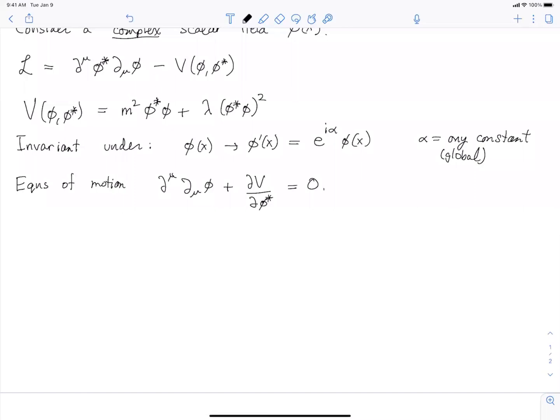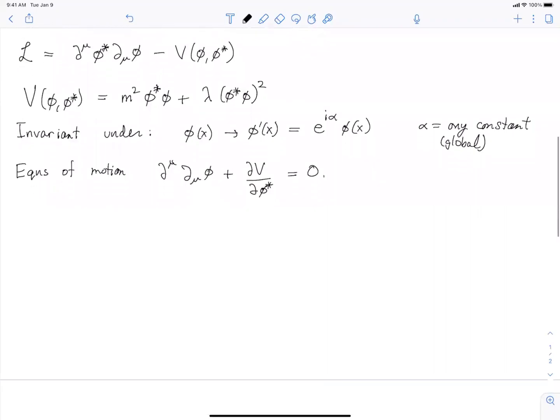We'd like to find solutions to this equation of motion. The solutions to the equation of motion will correspond to the theory in the vacuum state. So one solution that might be kind of obvious is that phi is some constant that minimizes the potential.